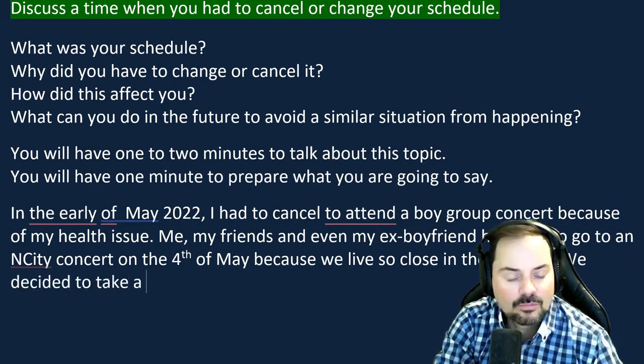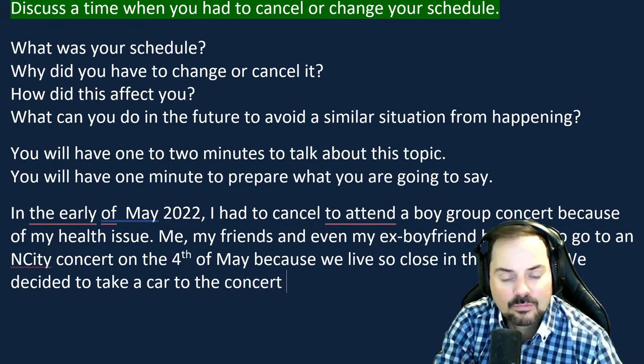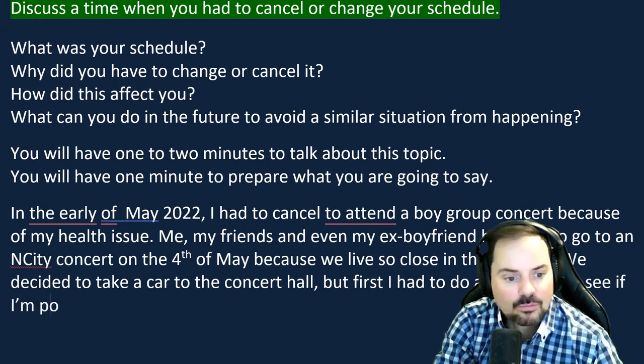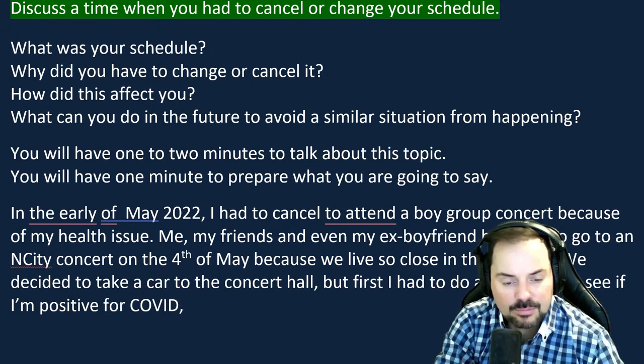But at first, I needed to do a swab test to check whether I was positive for COVID or not. But surprisingly, when I tested by myself, I got positive for COVID. I thought it was a wrong result.